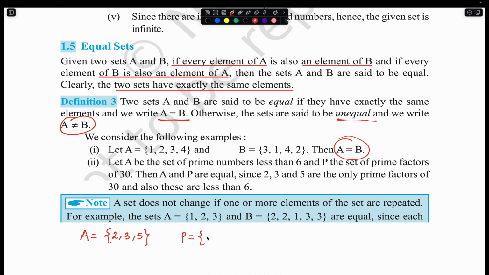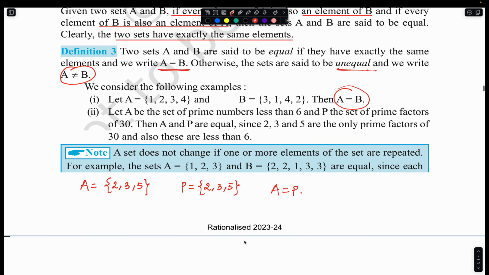So prime factors of 30 are going to be 2, 3, and 5, correct? And so here we can clearly see that the elements inside set A are exactly the elements inside set P, and vice versa, right? So these two sets are going to be equal. So we can clearly say from here that A is equal to P.